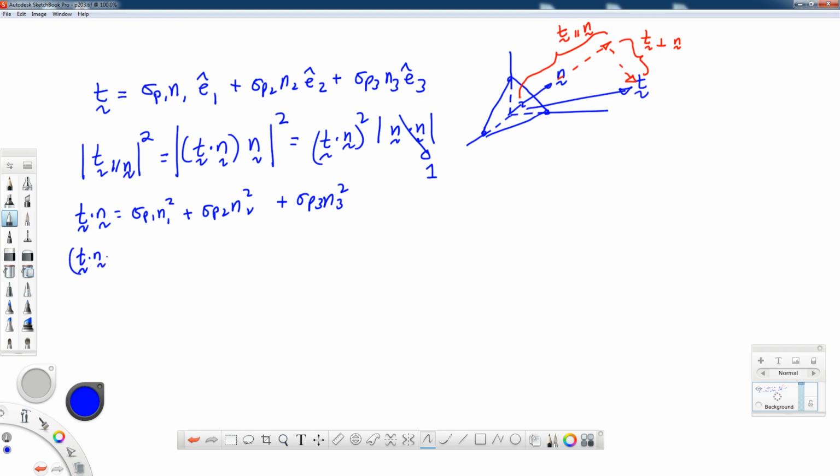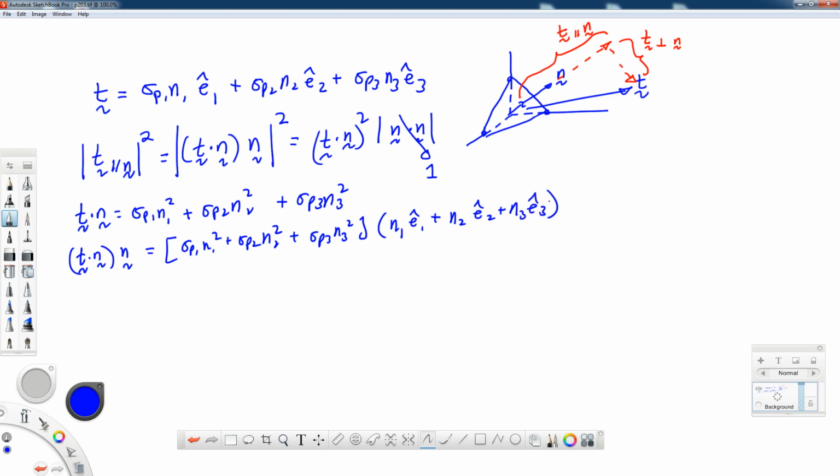T dot n times the unit vector n is going to be all of that times my unit normal vector right there.